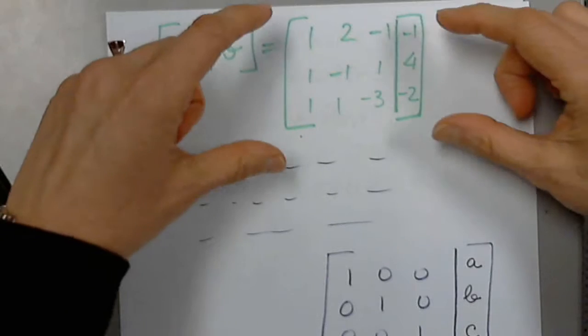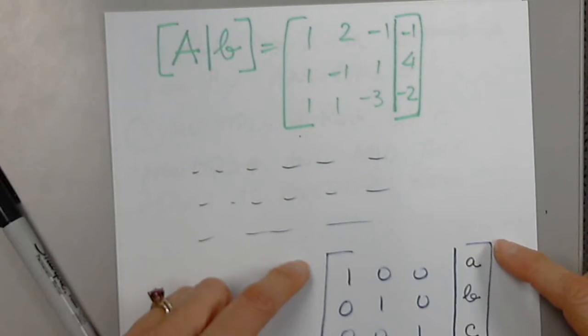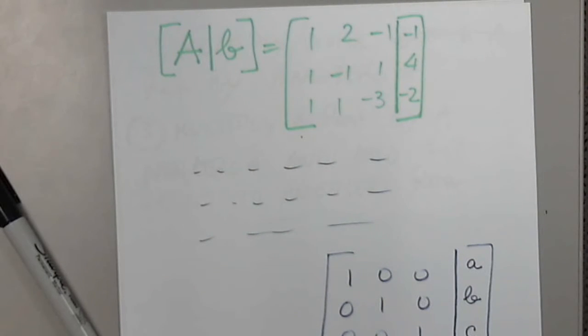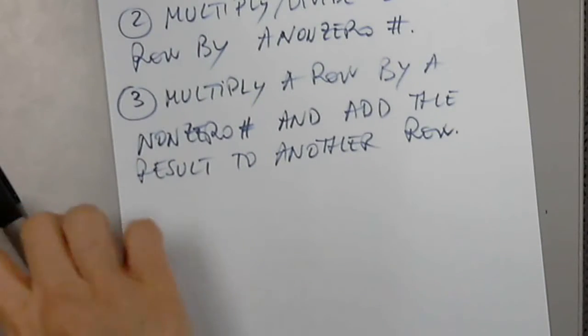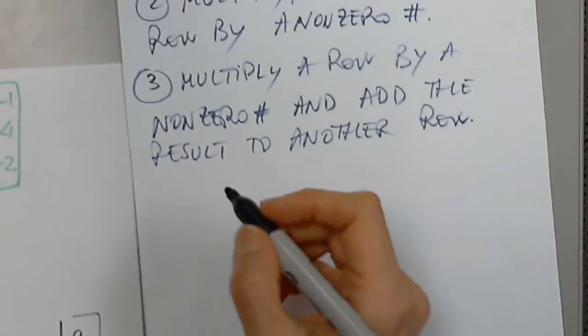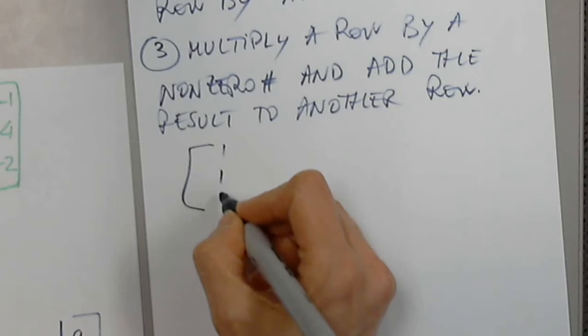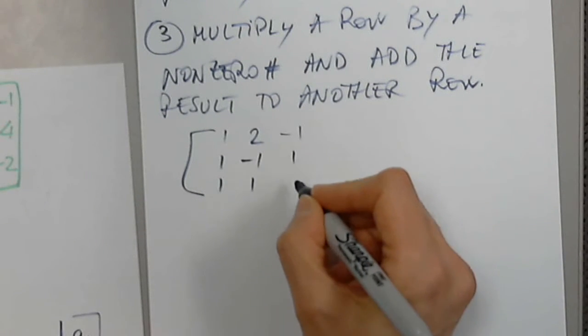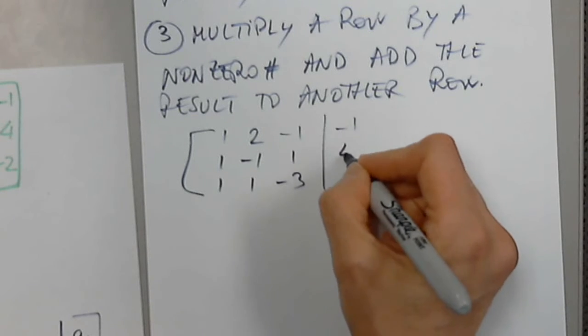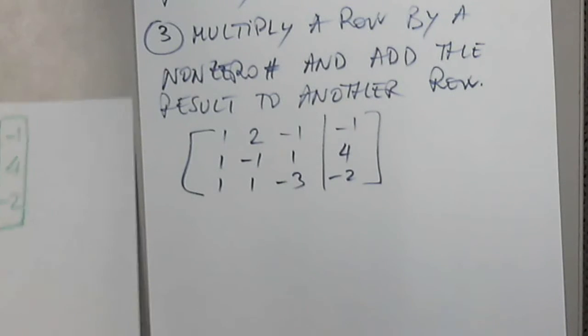When we start here, in order to get here, there is a particular sequence of steps, and I cannot mess them up. If I mess them up, I will never get here. And here are the steps. I'm going to copy the matrix here. 1, 1, 1, 2, negative 1, 1, negative 1, 1, negative 3, negative 1, 4, negative 2.